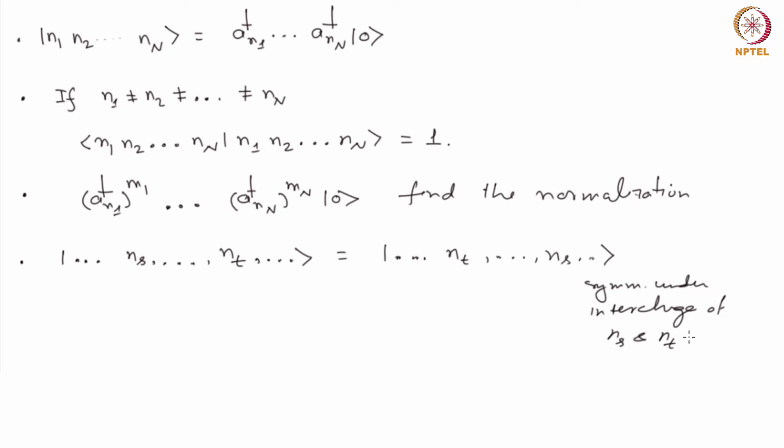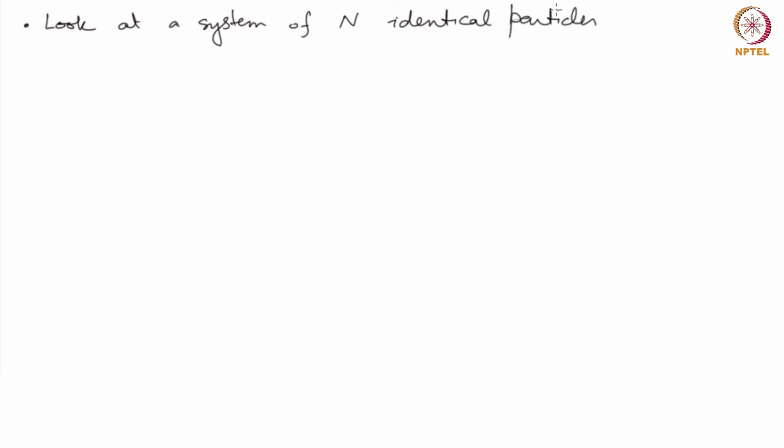Now let us consider a completely different system, and that system will not be a second quantized theory. I'm going to look at the first quantized theory. So the system is the following. Look at a system of capital N number of identical particles which are in the potential V of x.